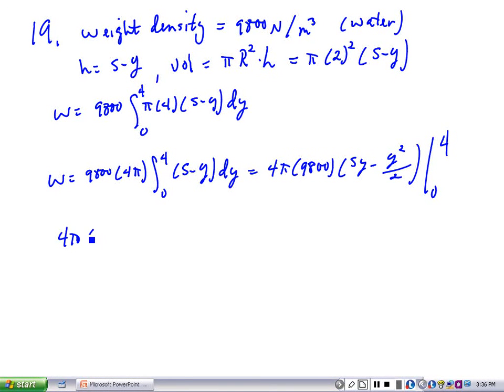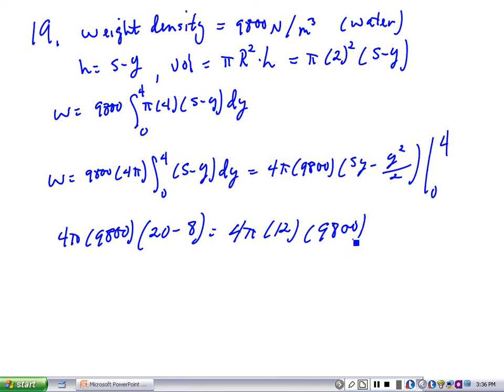So we have 4 pi times 9,800 times 5 times y, that's 20, minus 16 divided by 2, that's 8. So we get 12 times the 4 pi, excuse me, times the 9,800. So we get 48 times 9,800, and that gives us 470,400 newton-meters.